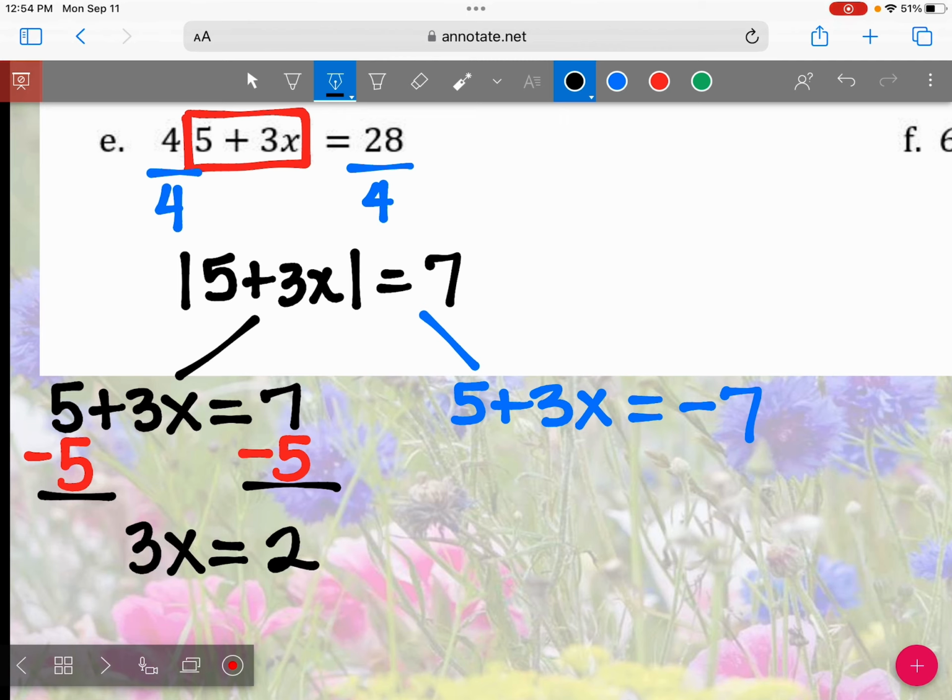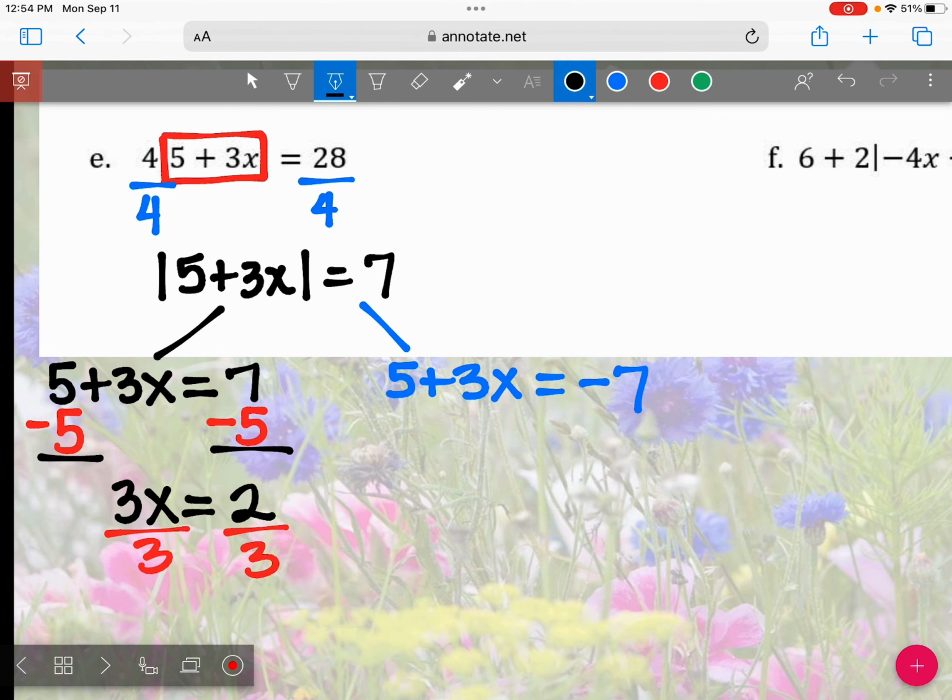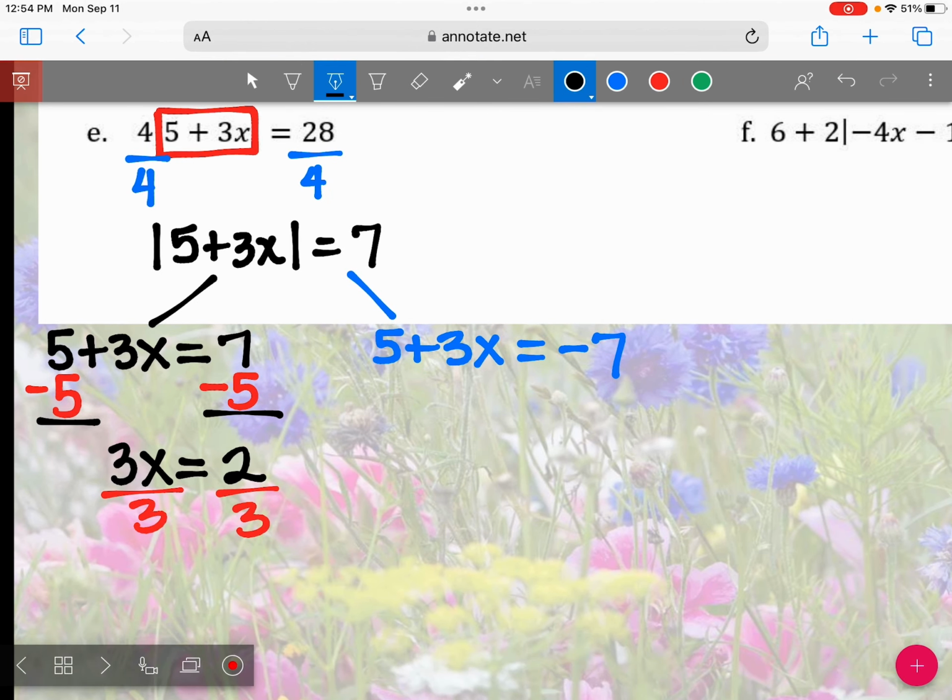So 3x equals 2. And then we divide both sides by 3. So x equals 2/3. And that's my first solution.